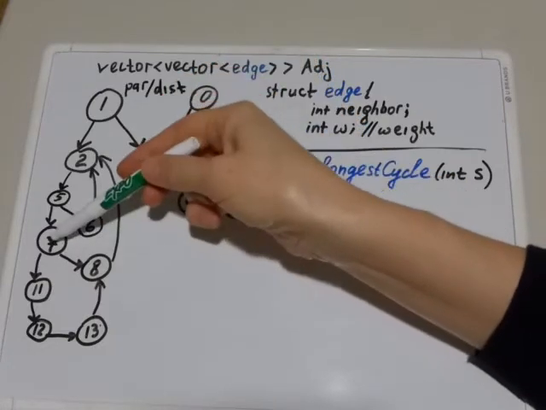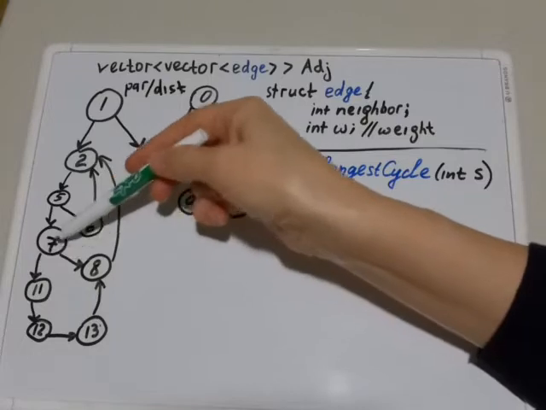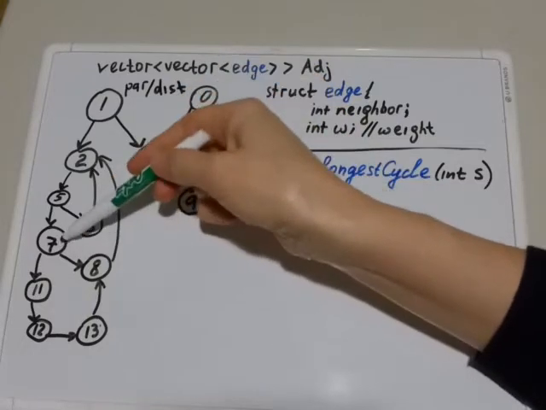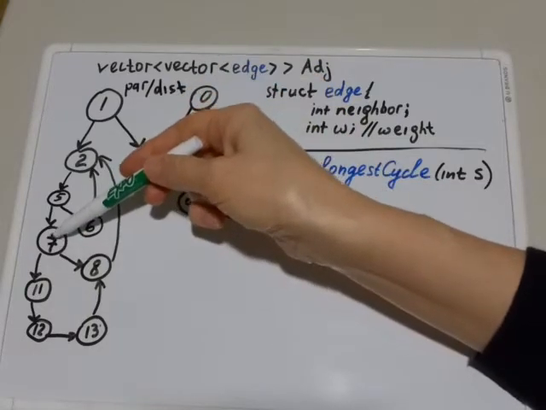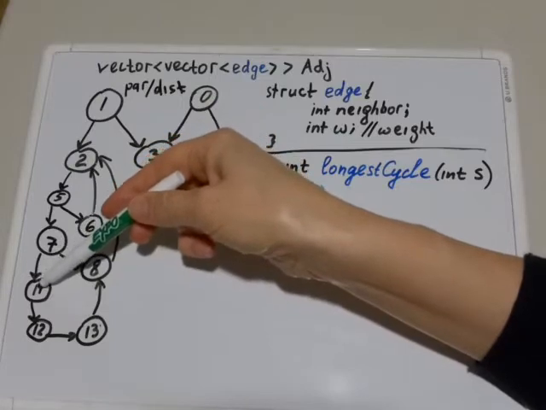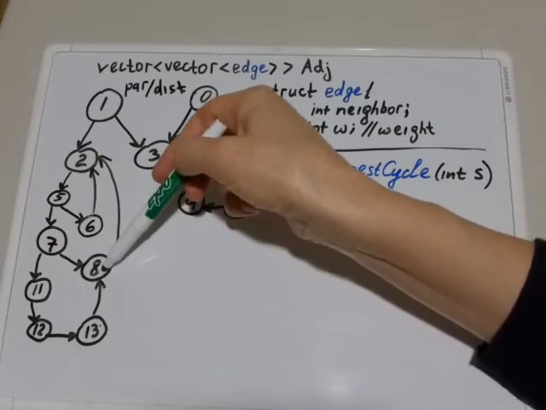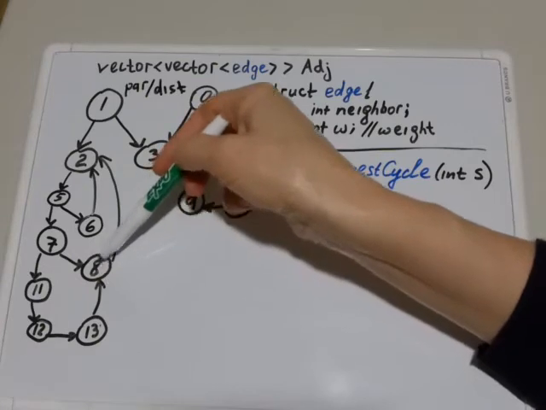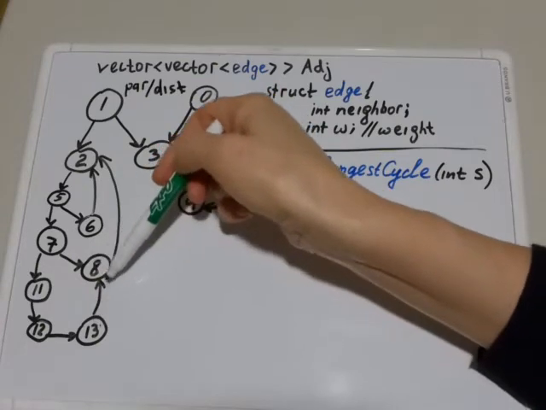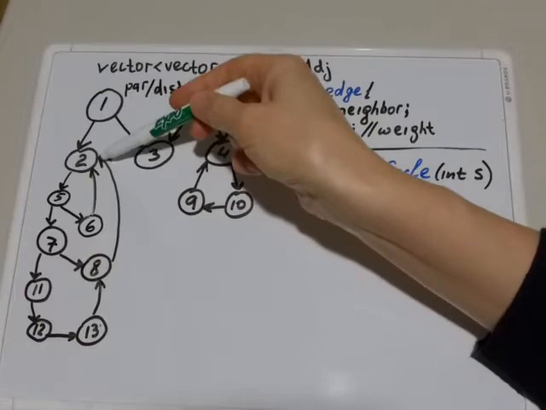After that you will go from 7 to 11. Notice that when you return from 8, 8 becomes black, and when you process edges of nodes 11, 12, 13, when you see 8 black from 13, you are not going to call DFS visit on black. So this cycle will not be discovered.